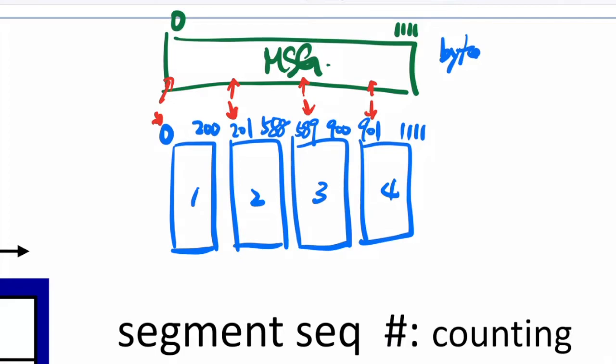So this segment will be numbered by byte 0, and the second segment, its index is 201. So we will say that this segment starts at byte 201. Okay, it is an index, and 589, and the last one is 901.